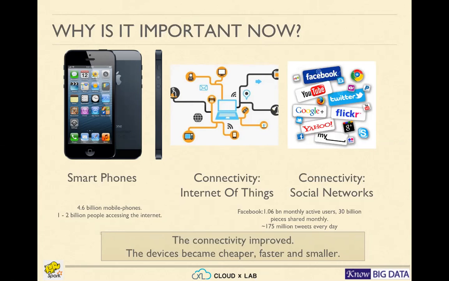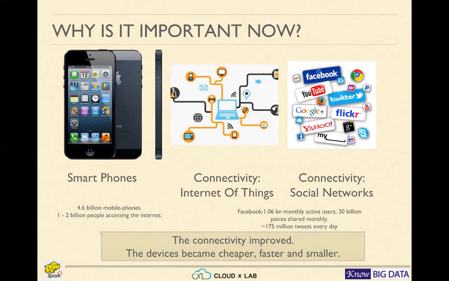The data started increasing exponentially. Because on one hand, you can look at the smartphone as a device that generates data. You take pictures, you send messages, you record voice, you record videos, you make calls, and so on. The smartphone is basically your data generation device.